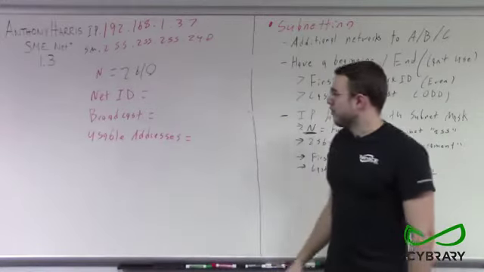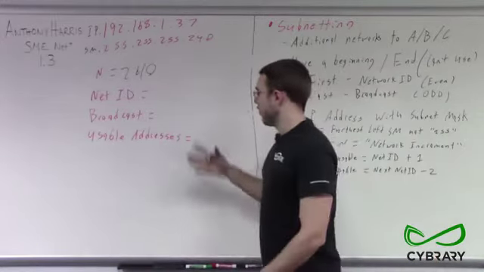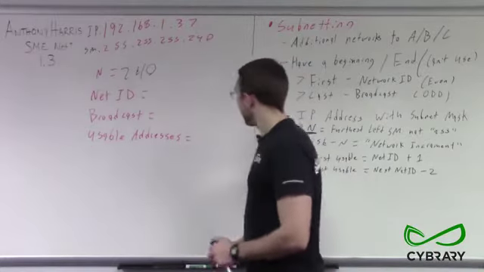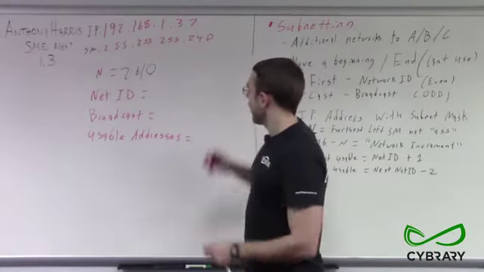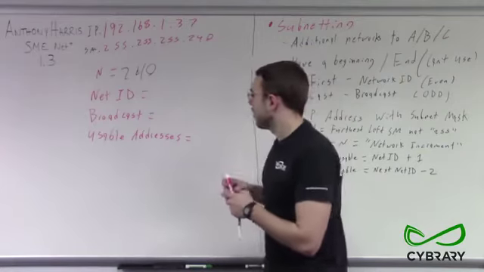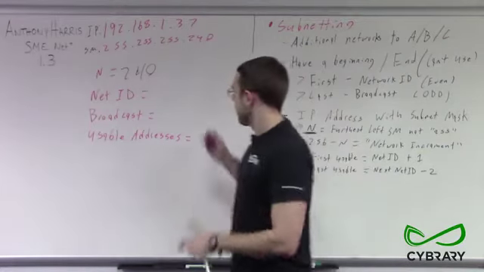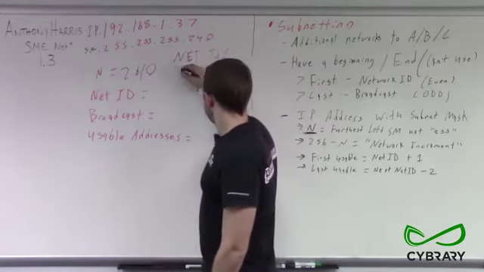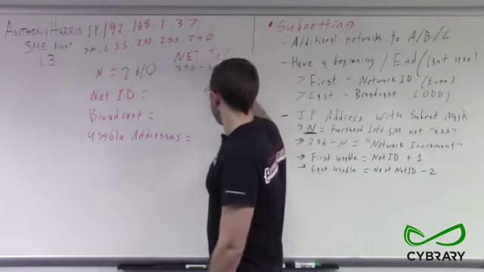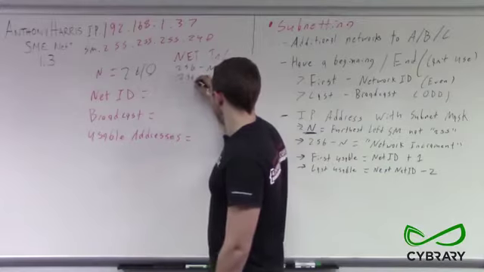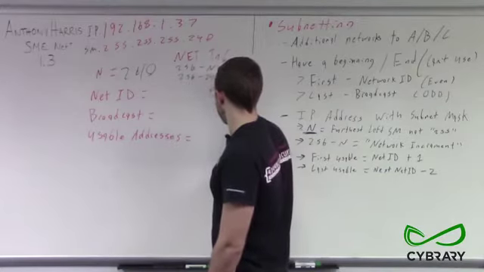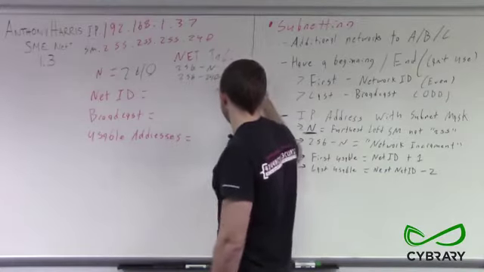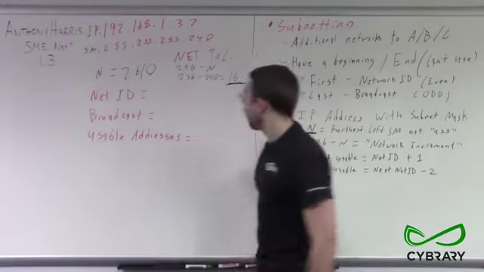Now, in order to find our network increment, which unfortunately I didn't write up here, we need to subtract 240 from 256. So our net increment is going to be 256 minus n. So 256 minus 240 equals 16. So 16 is our network increment.